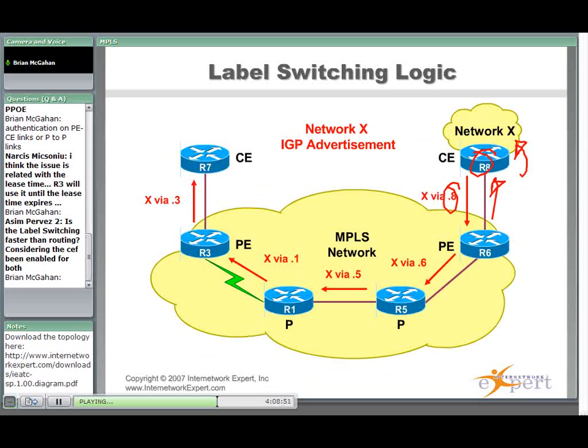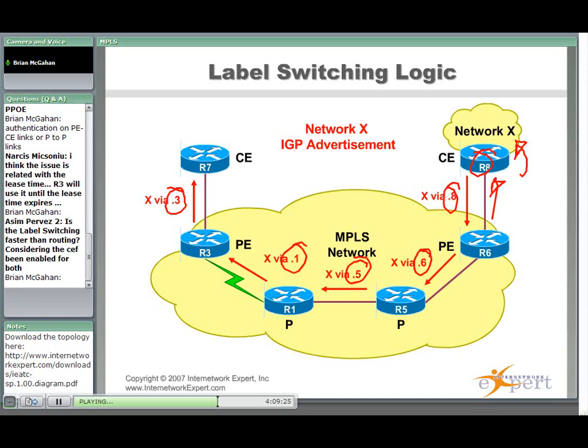Okay, so what happens, router 8 has network X that it knows. Okay, so this could be directly connected. It could be learning it from some other destination. It is advertising network X to router 6. It's saying, in order to get to network X, use my next hop .8. Okay, so that's the IP version 4 address that is assigned to router 8's interface there. So next, router 6 turns around and advertises this to router 5. It says to reach X, you're going to use .6. 5 passes it on.